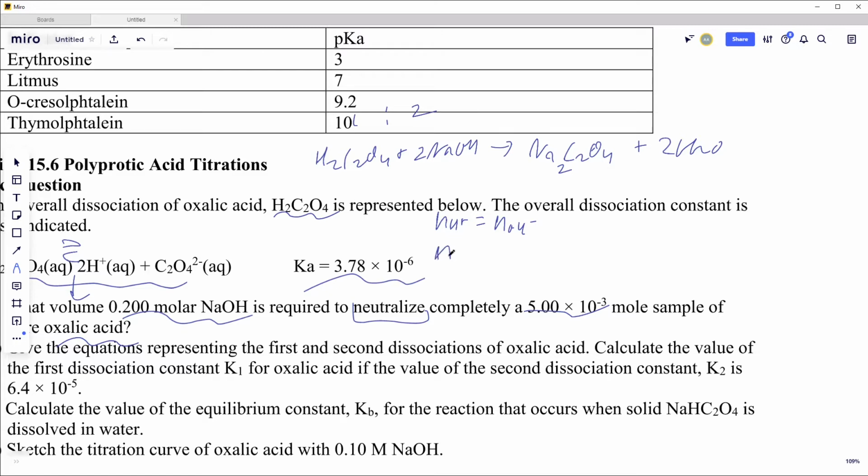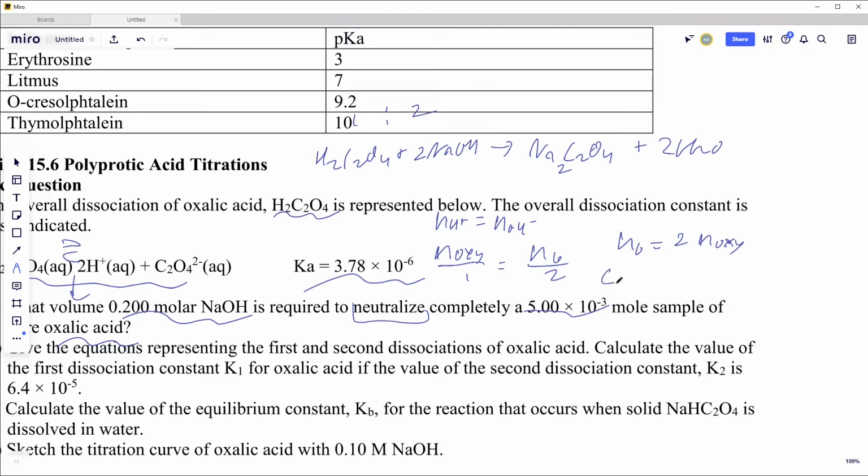So to do this with acid and base, to replace H plus with the acid, which in this case is oxalic acid, you have to divide by the coefficient. So the number of moles of the acid over 1 equals the number of moles of the base over 2. So the number of moles of the base equals 2 times the number of moles of the oxalic acid.